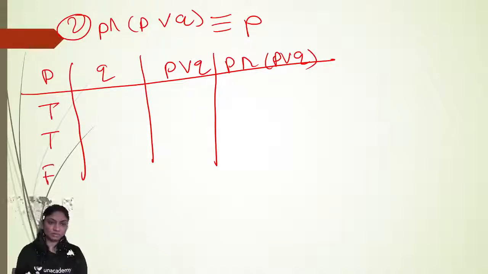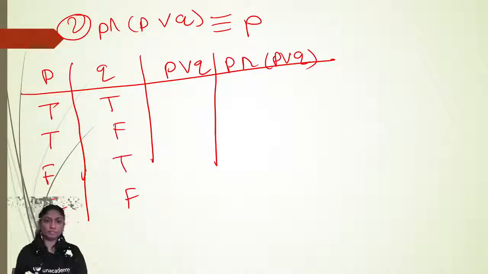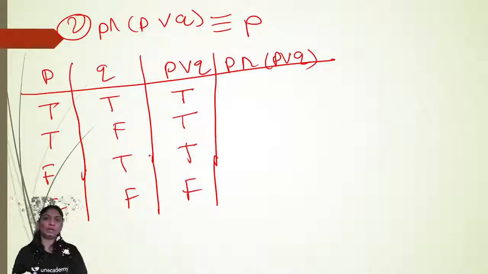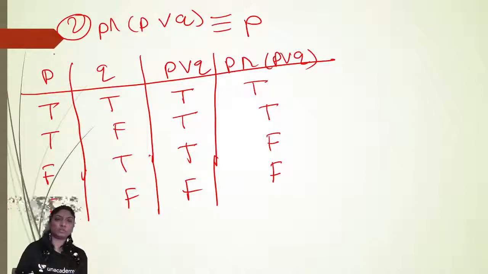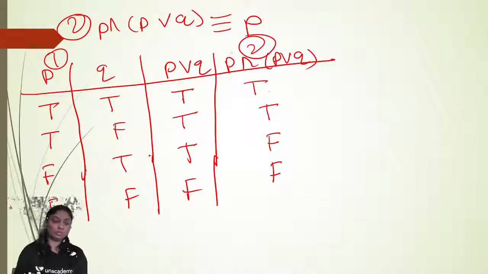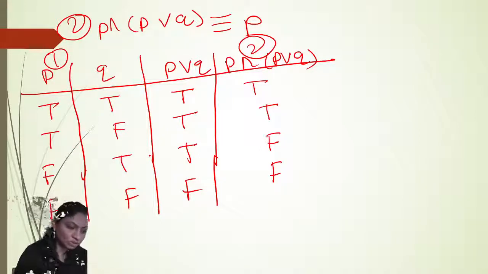P or Q: T, T, T, F. P and (P or Q): T, T, F, F. If you observe from 1 and 2, both the truth tables are equivalent. Therefore, P and (P or Q) is equivalent to P. These are the absorption laws.